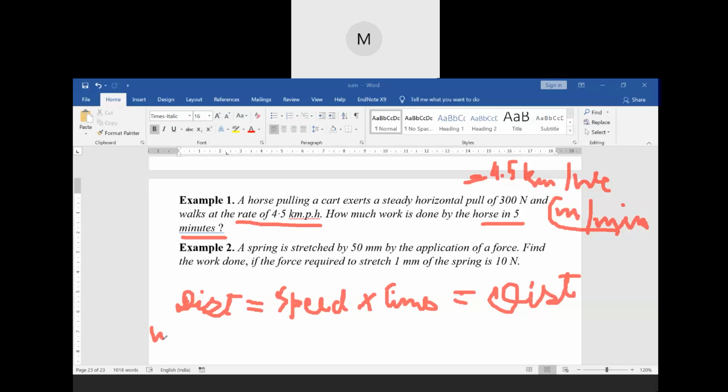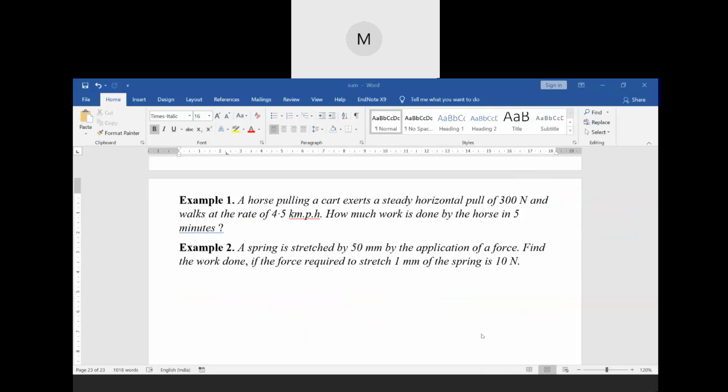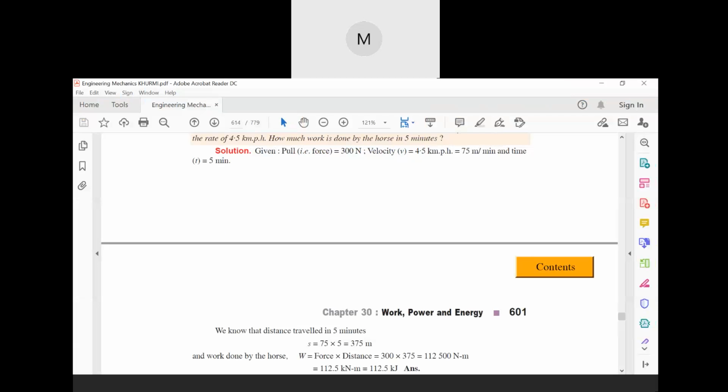Now work done, W, is equal to force into the distance. So it comes to 300 into distance. Now the answer is this one. Wait, I'm showing you. Can you see the solution?